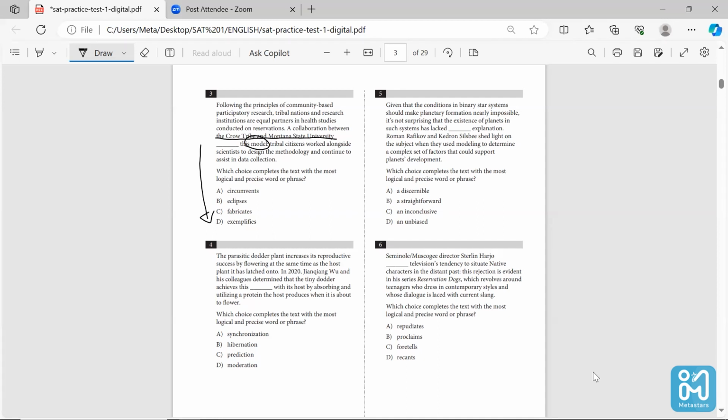Who can help me? Jenna, are you with me? So I need you first of all to cross out the negative one. What's the word in this sentence, number 3, that you would cross out?